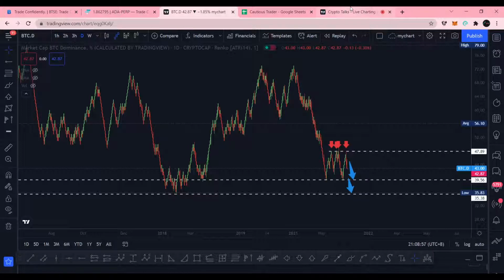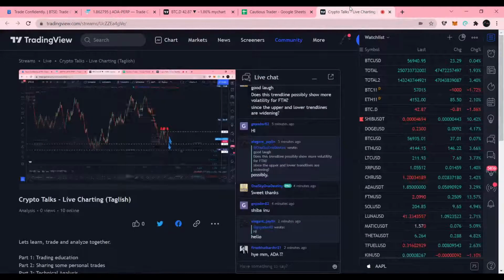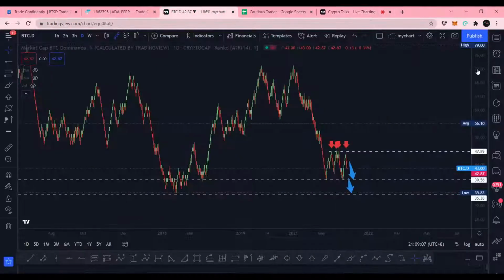Right now, most of my trades and realized gains came from altcoins. So next is resistance at 47.89, which I think it will not retest in the next 2 months. Well, that's my opinion on it.